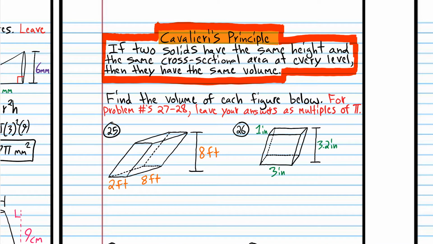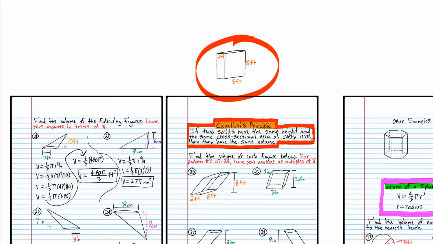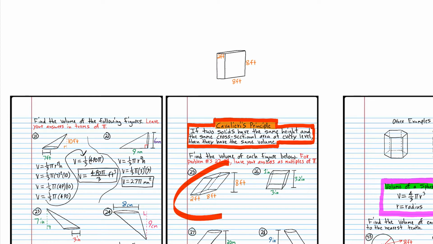So if two solids have the same height, so I'm going to draw a solid, and notice how this shape has the same height as this shape down here.